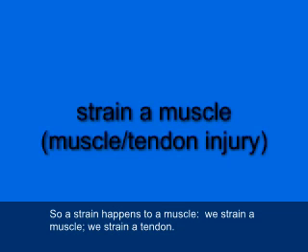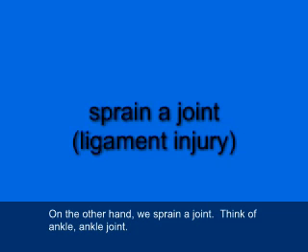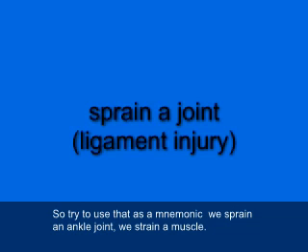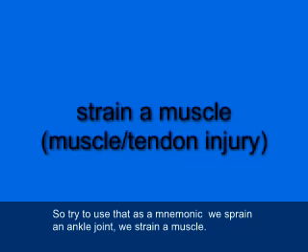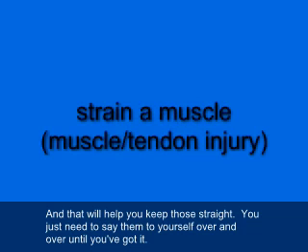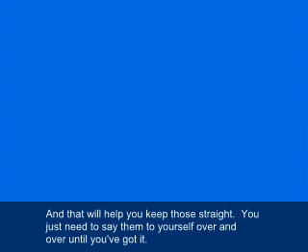So a strain happens to a muscle. We strain a muscle, we strain a tendon. On the other hand, we sprain a joint. Think of ankle joint. So try to use that as a mnemonic. We sprain an ankle joint, we strain a muscle. And that will help you keep those straight. You'll just need to say them to yourself over and over until you've got it.